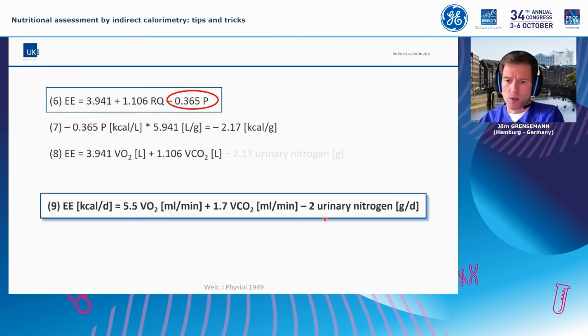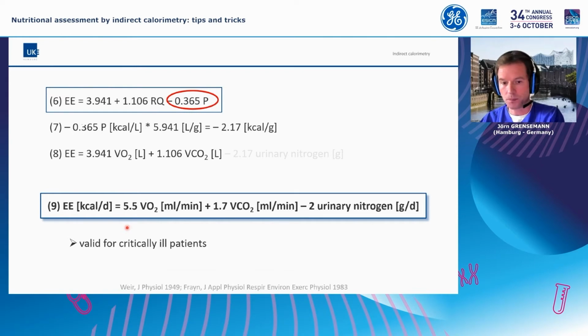So what current calorimeters do, they just assume 13 grams of protein metabolism. So they subtract 26 kilocalories per day. And this is legitimate because there's no point in actually measuring urinary nitrogen release under clinical circumstances. And this simplifies the calculation.